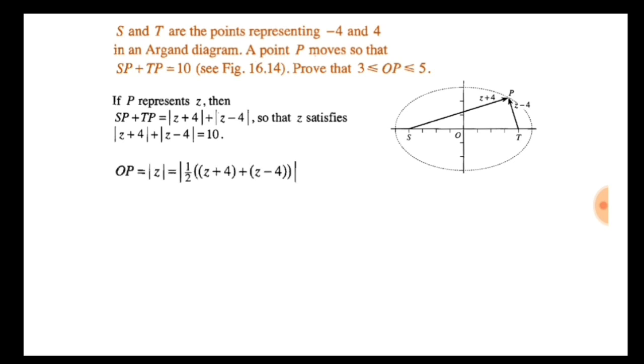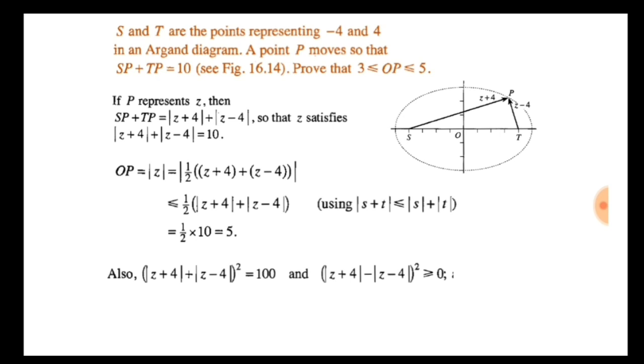OP equal to modulus z, which is equal to half of z plus 4 plus z minus 4, that is less than or equal to half of modulus of z plus 4 plus modulus of z minus 4, which is equal to 5.